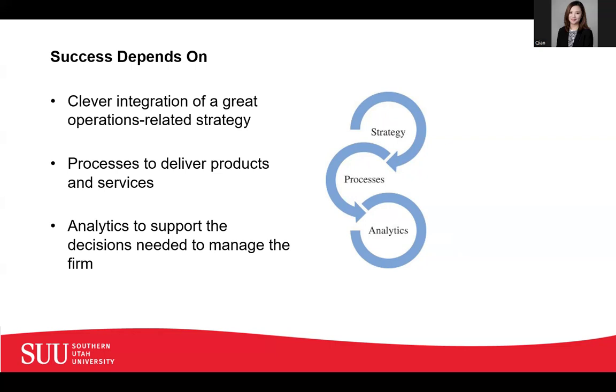The last part, analytics, helps you figure out if there are any problems you need to fix or how to improve the whole operations process you have right now. Those are the 3 levels we focus on when we talk about how to manage operations and supply chain.